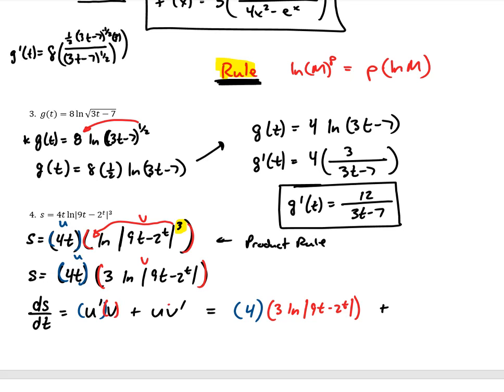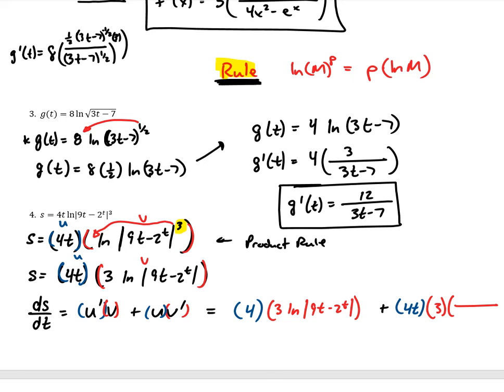And then plus, let me get my colors marked, just u, which is just 4t. And then we'll times it by the derivative of v. The derivative of v, this 3 would just be hanging out. And then times, all right, I see it's a natural log.